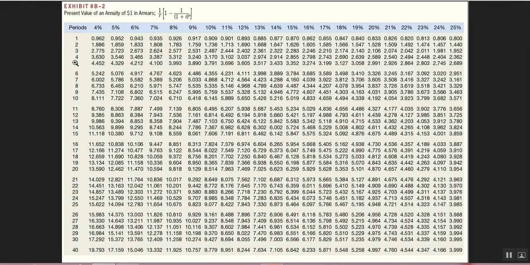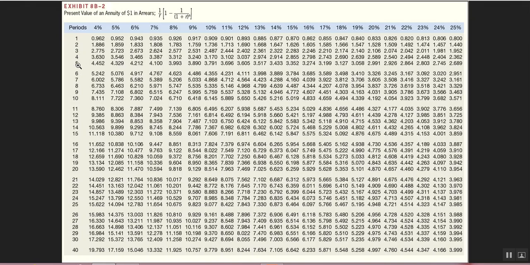The problem is we don't know this part. So in the last example, we used the other chart, but we had a period of time and we had a percentage that we can read across and down and figure out what the factor was. In this case, we have a period, but no percentage, but those numbers that we just calculated are actually the factors that we're going to use.